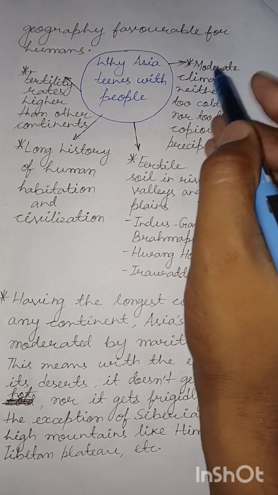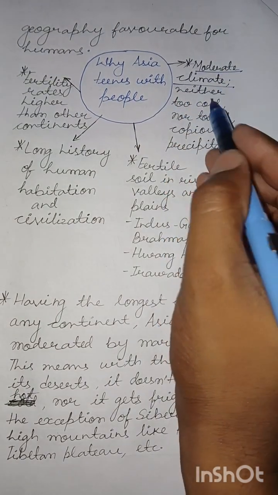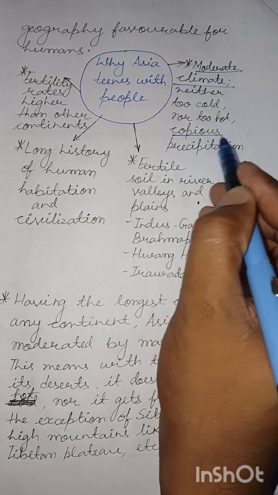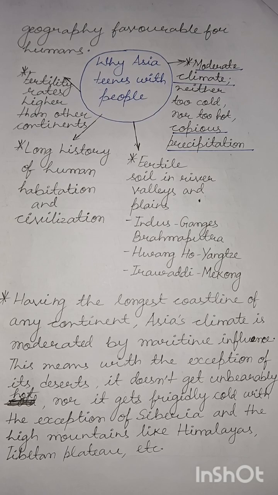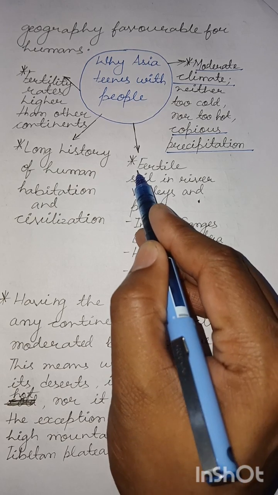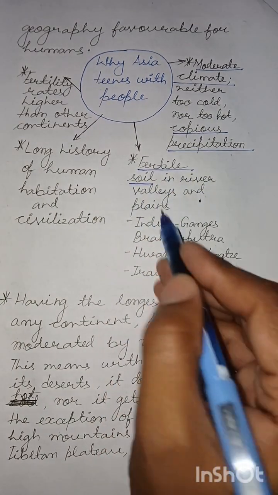These reasons are coming first. One is the moderate climate, which is neither too cold nor too hot, and it has copious precipitation in the form of rainfall, as well as some areas also getting snowfall. Asia enjoys the advantage of fertile soil in the river valleys and plains.